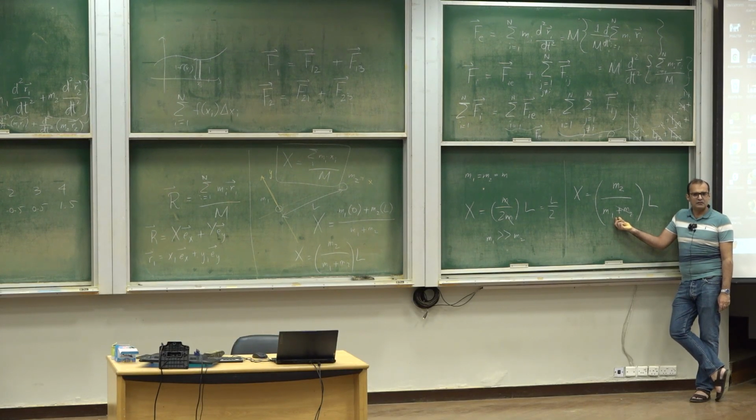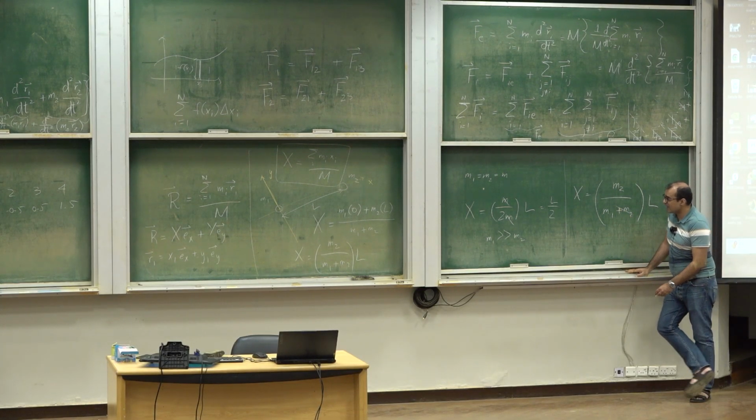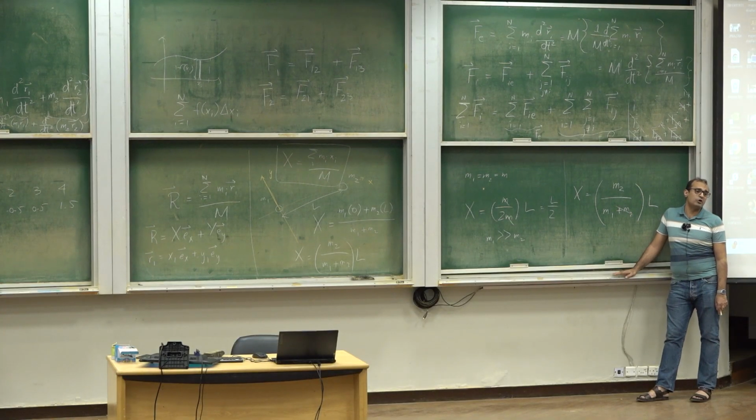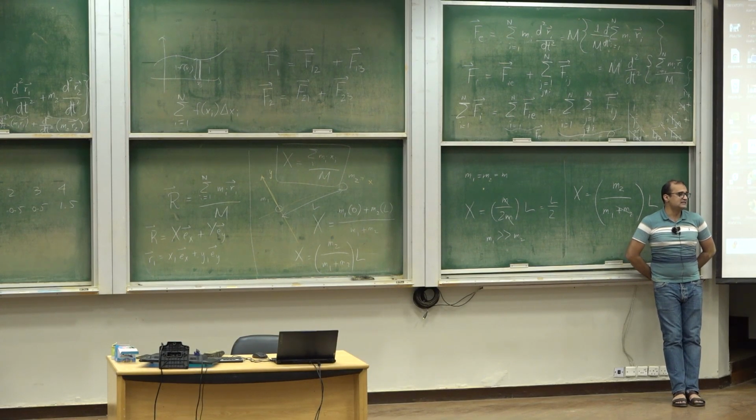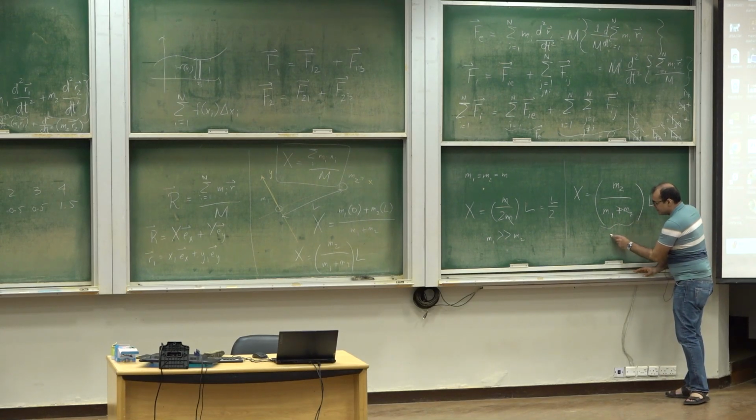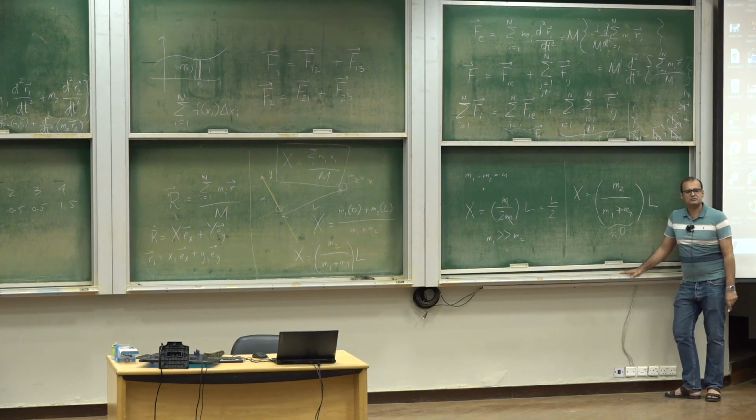Just m1. Like if this is 1000 kg and this is 1 kg, the sum is approximately 1000 kg. And what will this be? This is a small number compared to m1. In other words, m2 over m1 is a small number. If m1 is much bigger than m2, then m2 over m1 is a small number, and therefore this is approximately equal to 0.